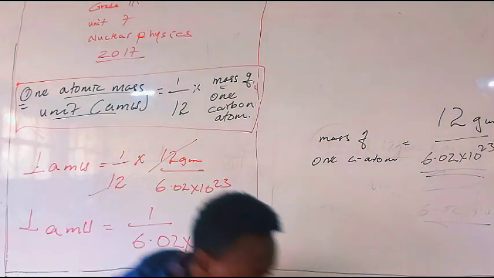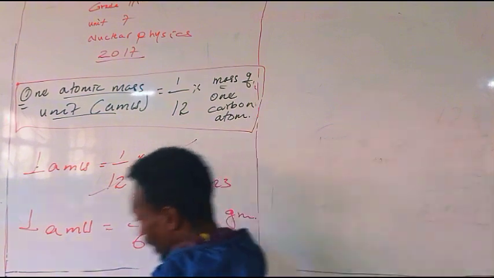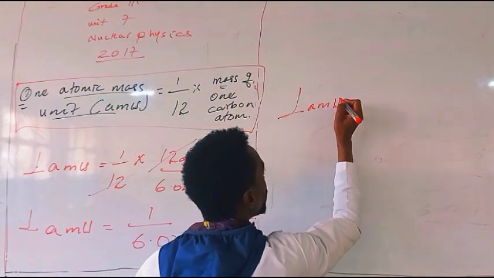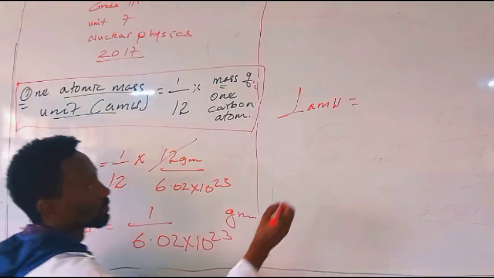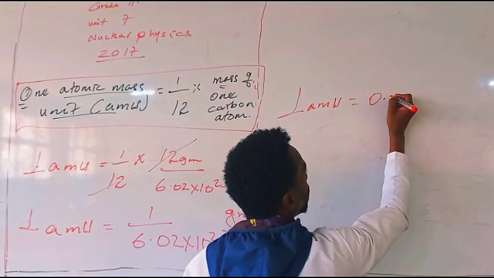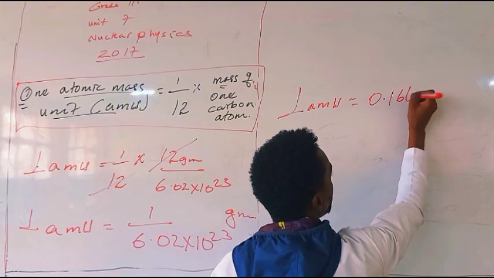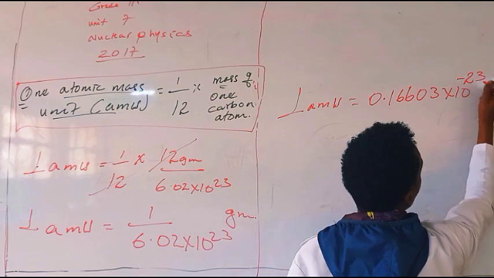So by dividing, you get that one atomic mass unit is equal to 1 divided by 6, around 0.16603 times 10 to the power minus 23 gram.